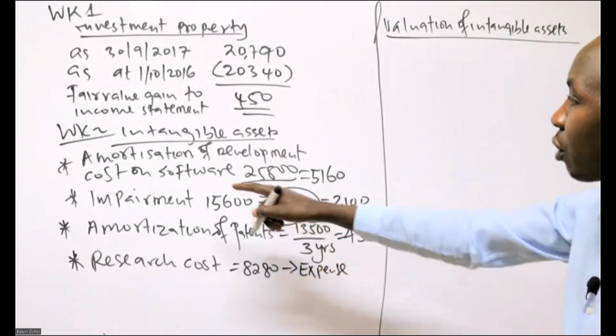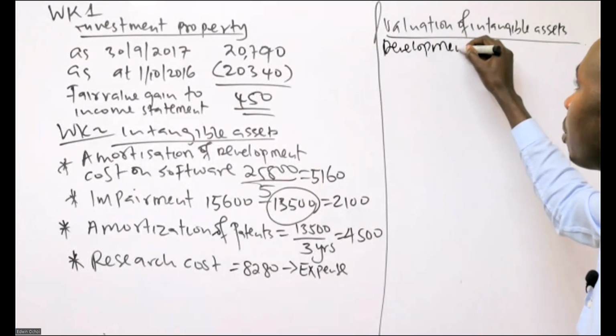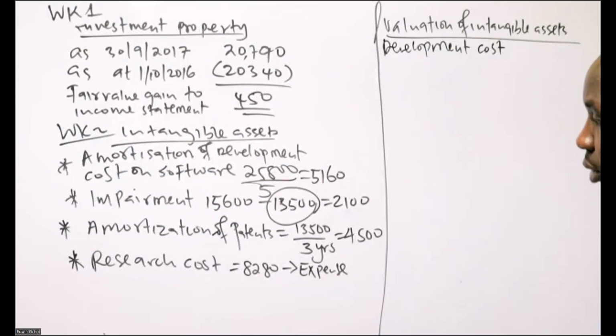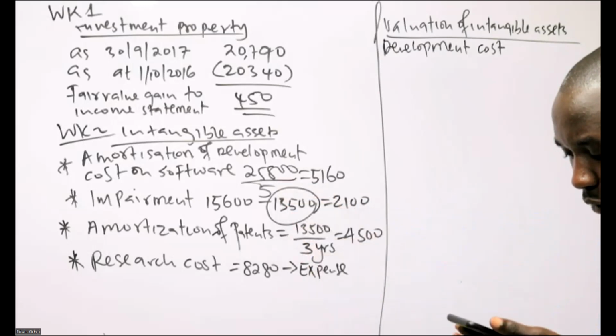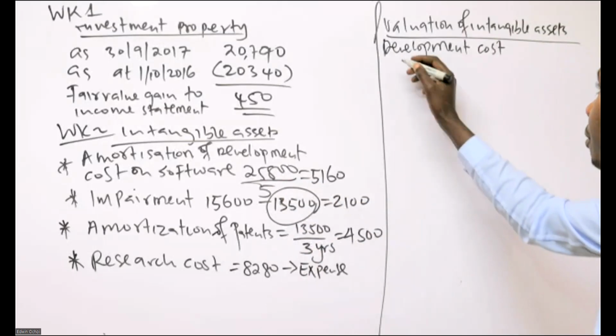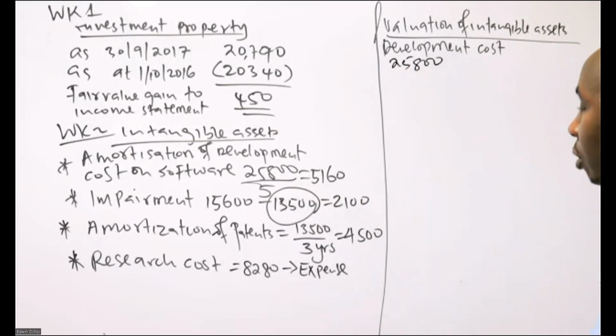So there was this development cost, because they said that the intangible assets is made up of development cost. Its cost was 25,800.